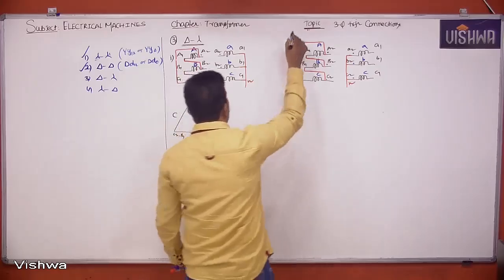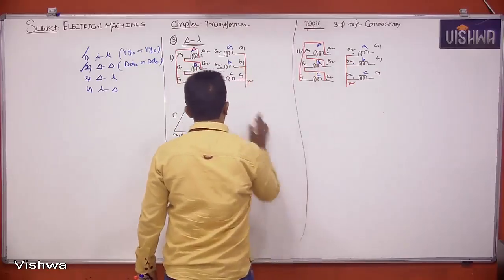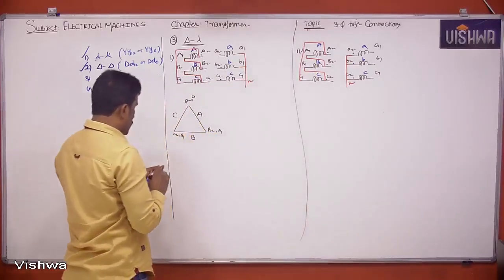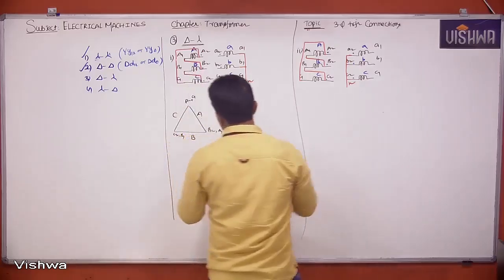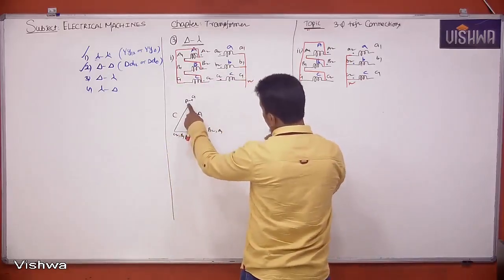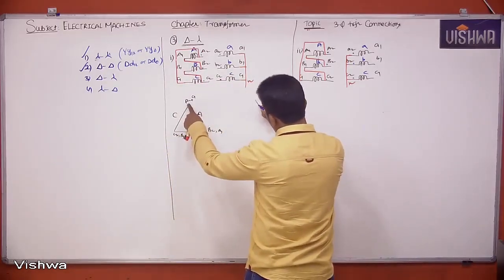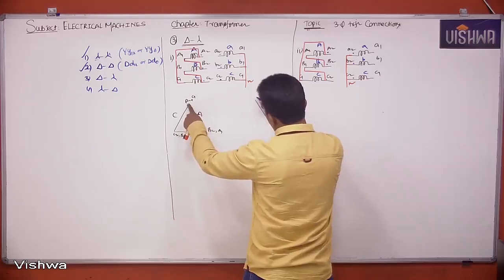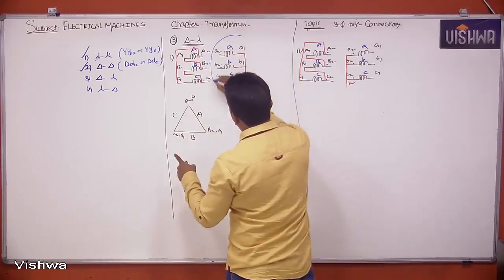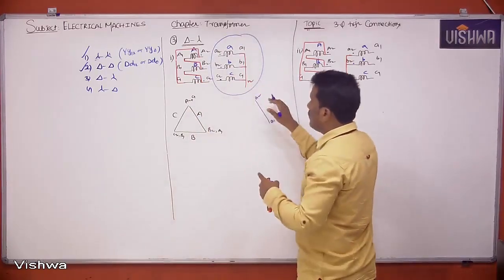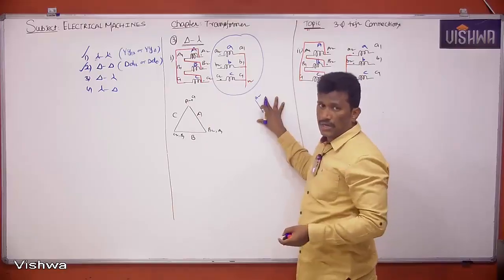Now you have to draw the secondary vector parallel to the primary. It is A1, A2, so we should draw A1, A2 without looking at the secondary, and after that we'll decide whether this one is wrong or right.